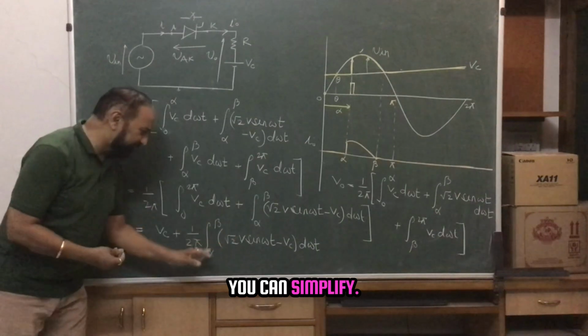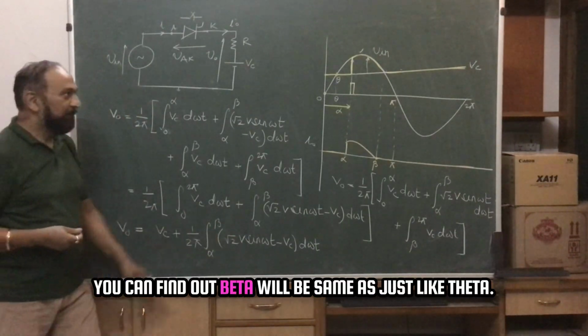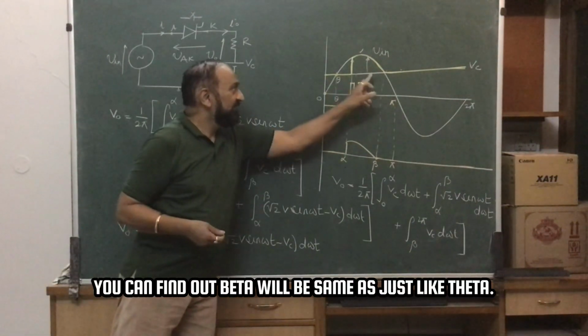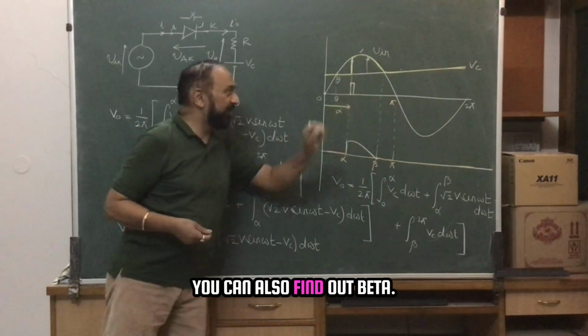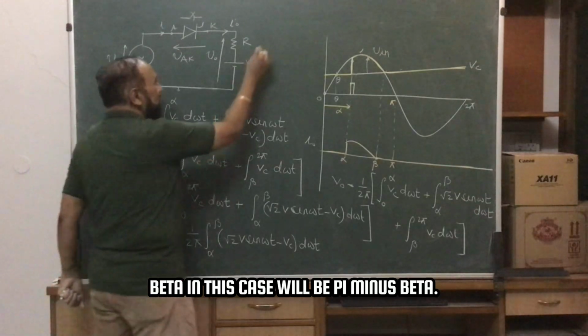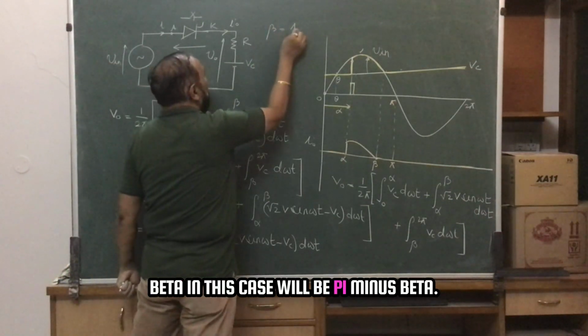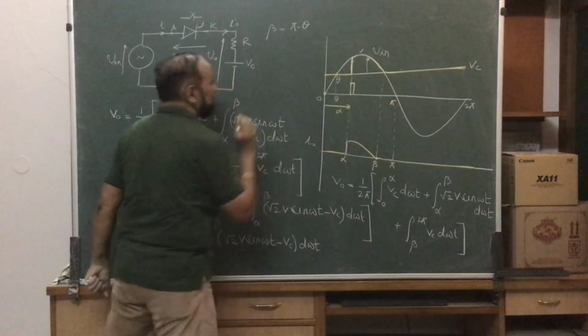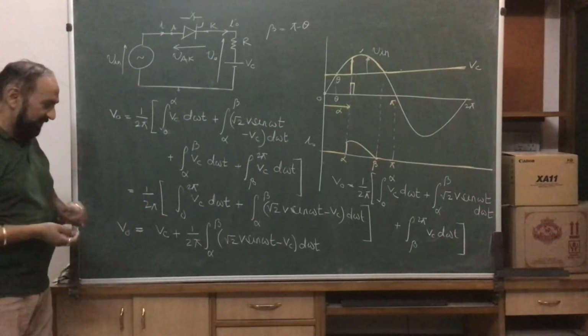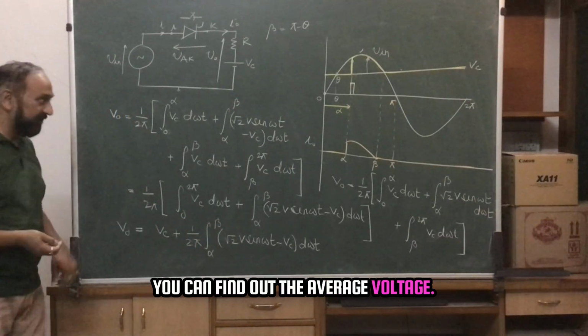You can simplify, you can find out beta just like theta. Beta in this case will be pi minus theta. You can find out the average voltage.